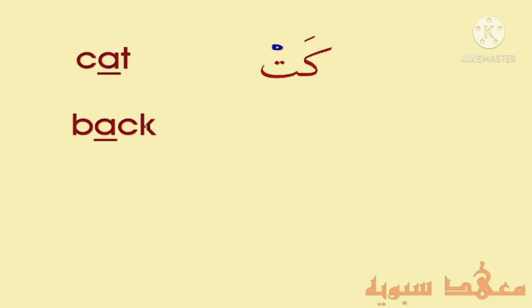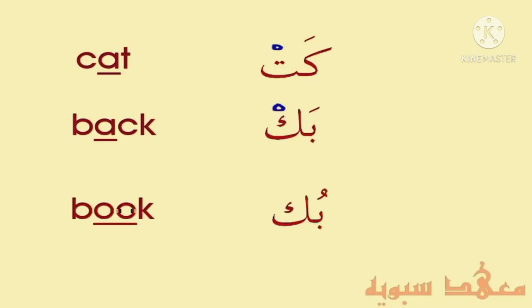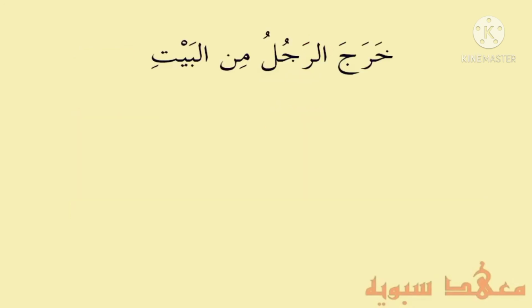Similarly, the word back. So it's back. So there's a sukun there as well. And we have the word book. Same thing. Book, there's a sukun there. Now I also want to mention, so here the sentence reads خرج الرجل من البيت, and you stop there.